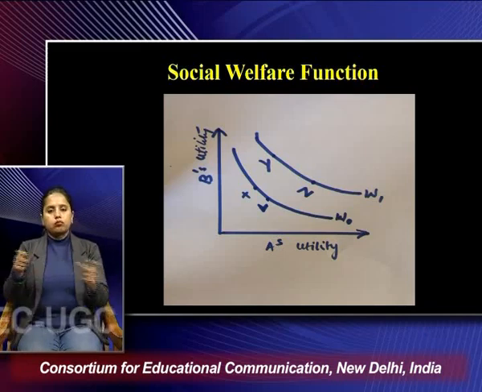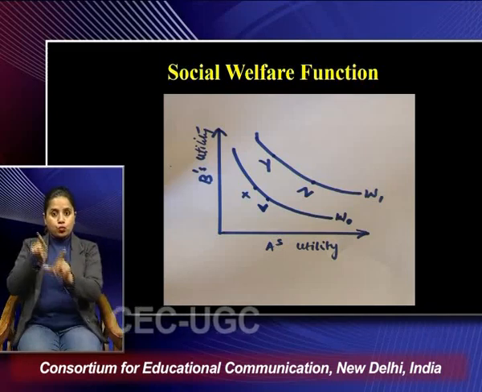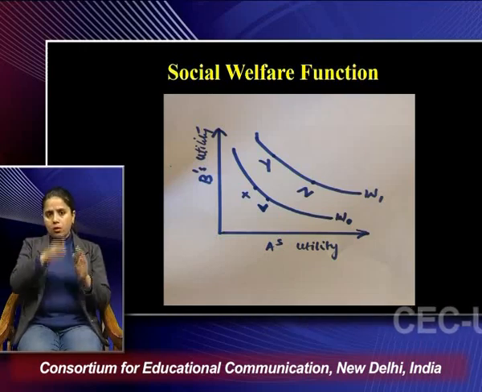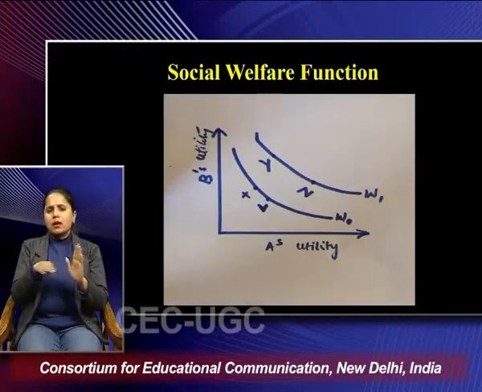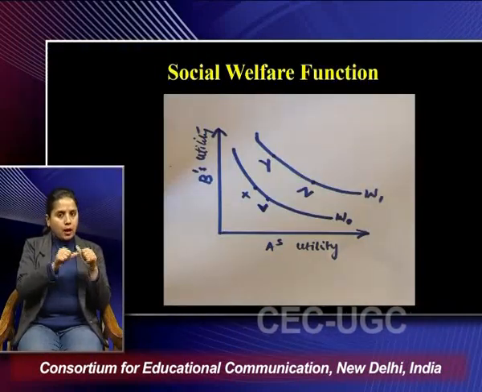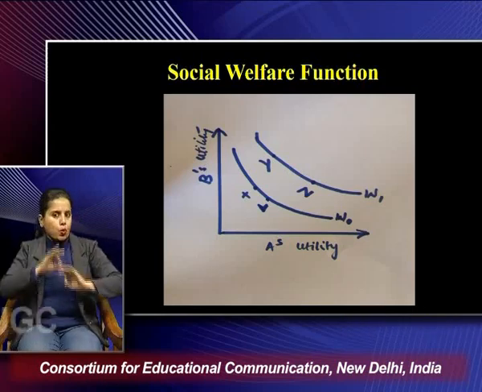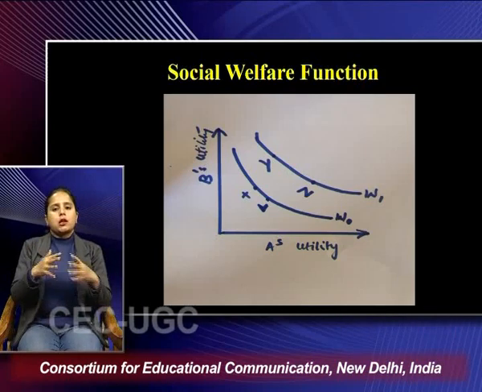If you move from X to Y, as you can see, there are 2 points located on the graph of W naught. So the level of satisfaction of the social welfare function generated by combinations of utilities of A and B, like X and Y, different levels of utility of A and B, are giving the same level of welfare for the society, that is W naught.